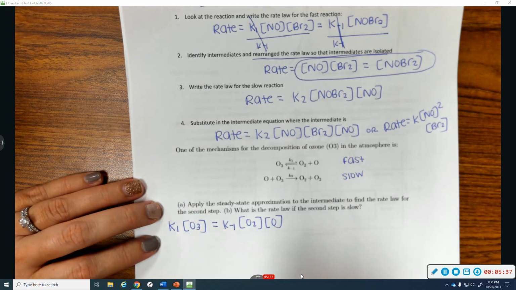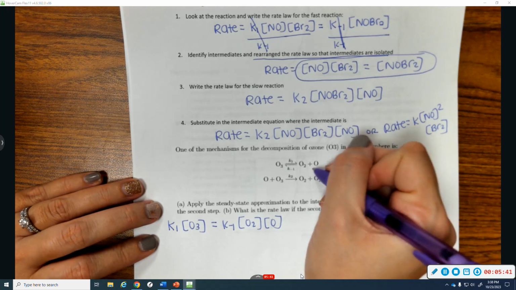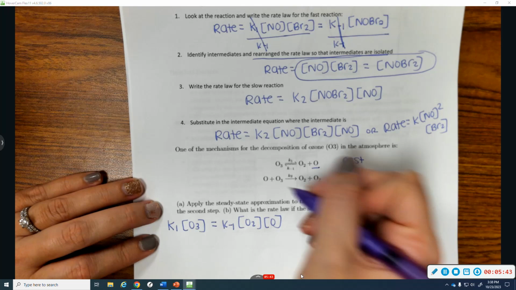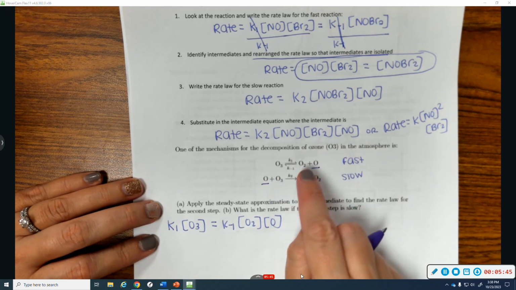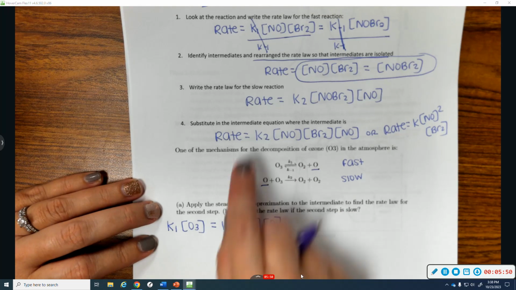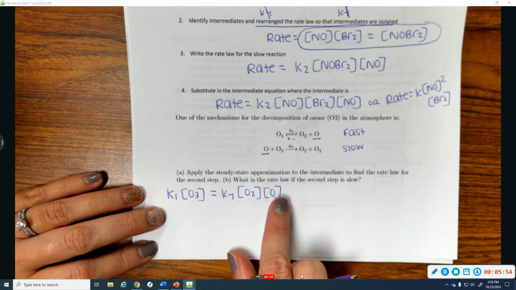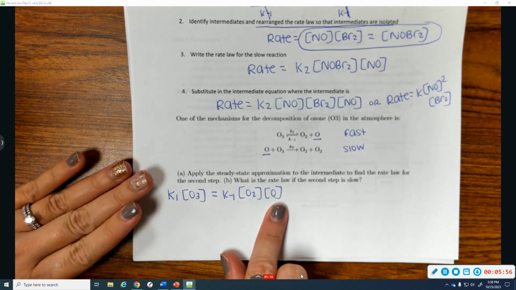Step 2 says identify intermediates. When I look at this reaction, O is an intermediate because it's a product, then a reactant. O2 is not an intermediate. And so I want to rearrange the rate law so the intermediate is isolated. I want to isolate O, not O2.